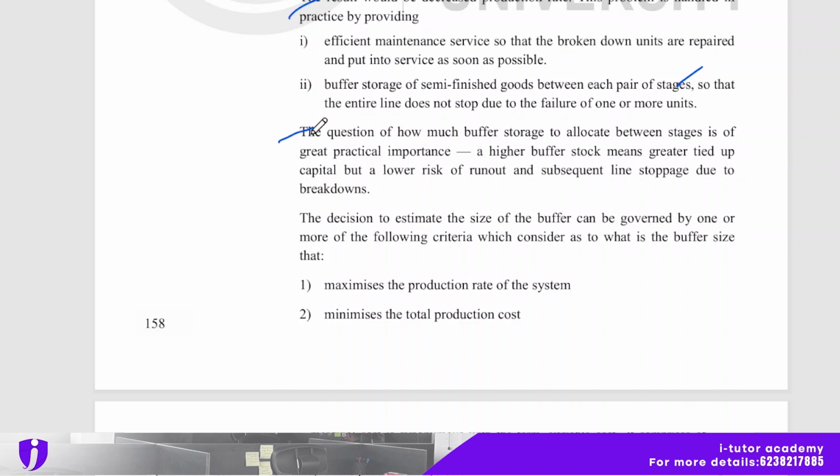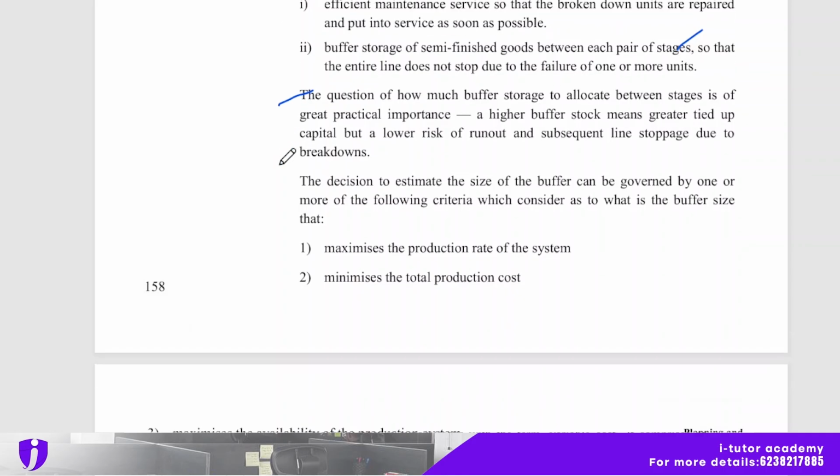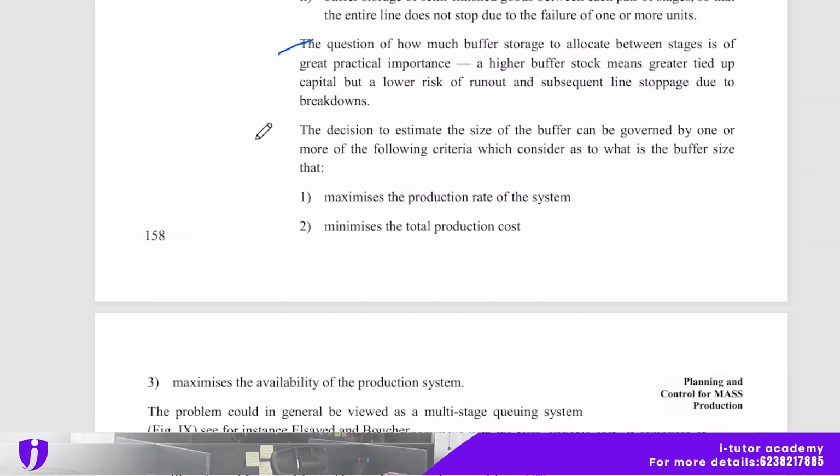The question of how much buffer storage to allocate between stages is of great practical importance. A higher buffer stock means greater tied up capital but a lower risk of runout and subsequent line stoppage due to breakdown.